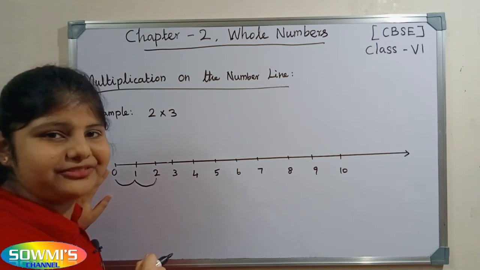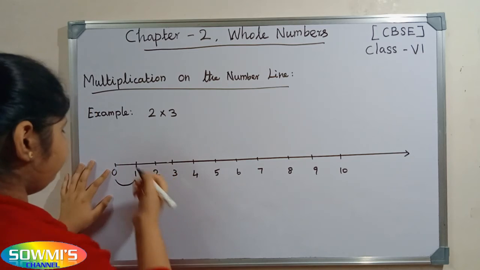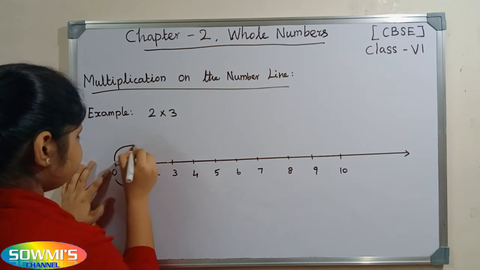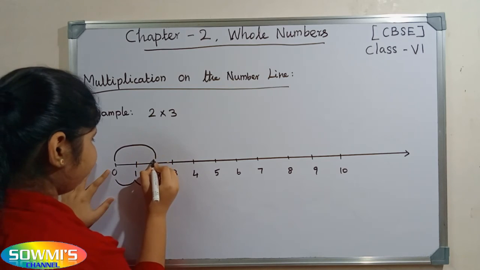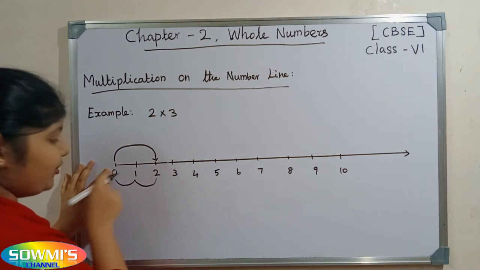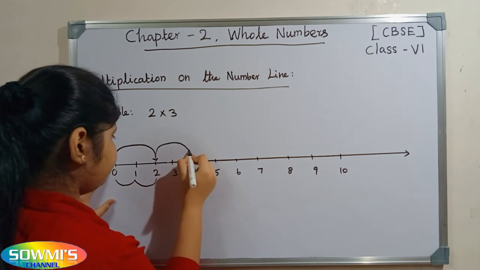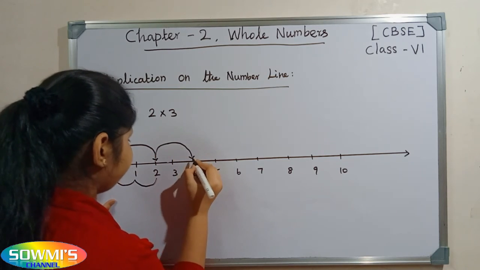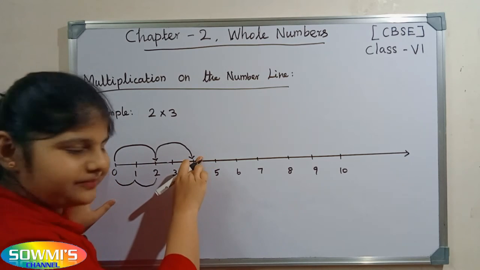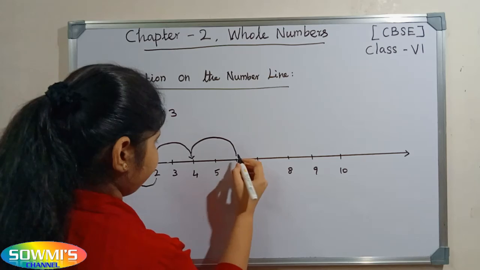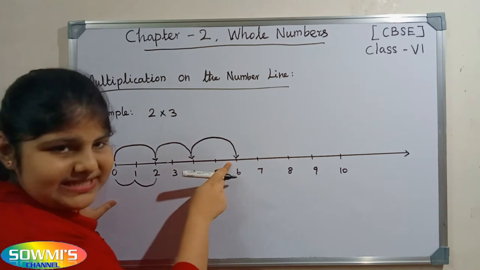How many jumps we have to make? 3 jumps. So 1, that is 0 to 2, 2 to 4, 4 to 6.